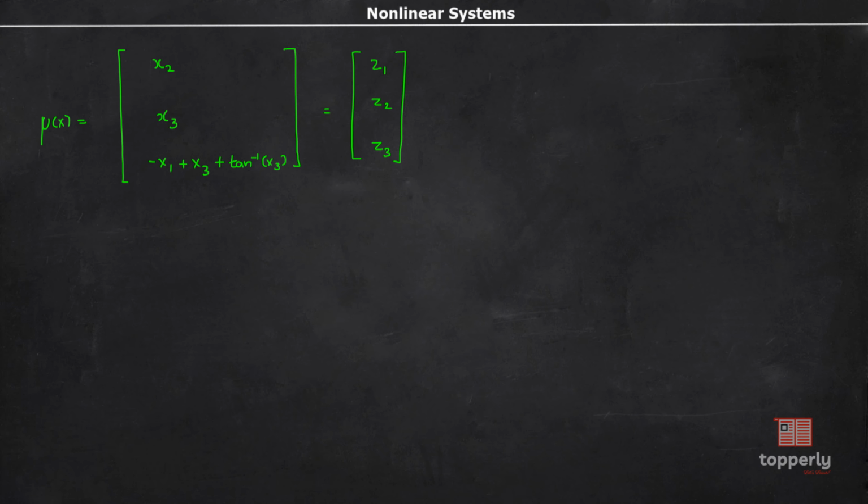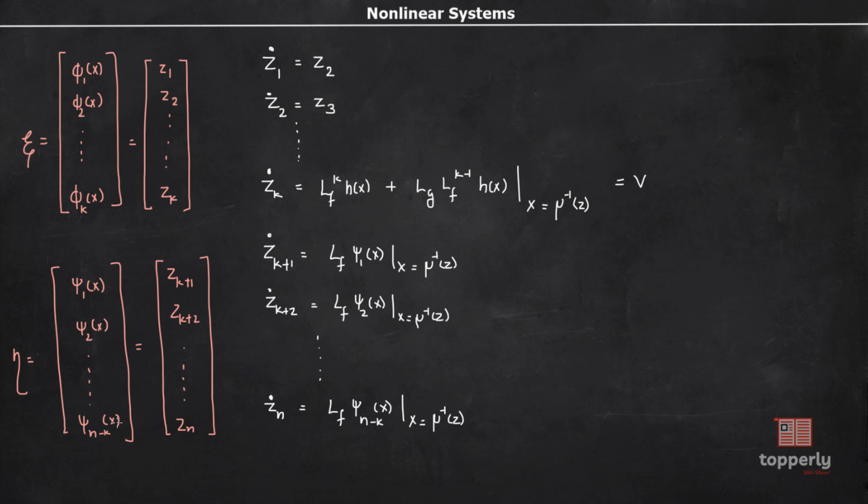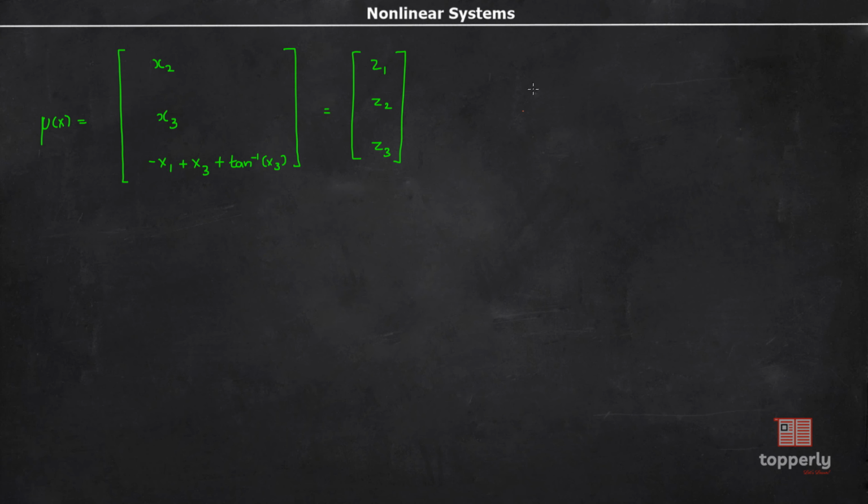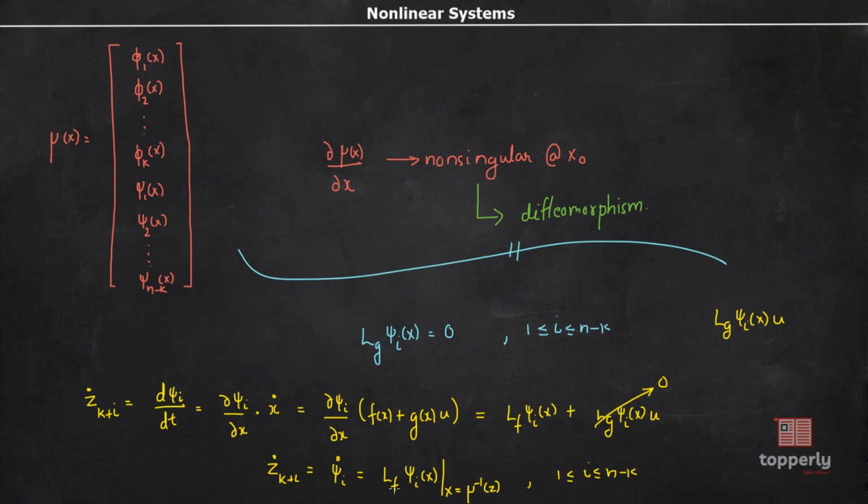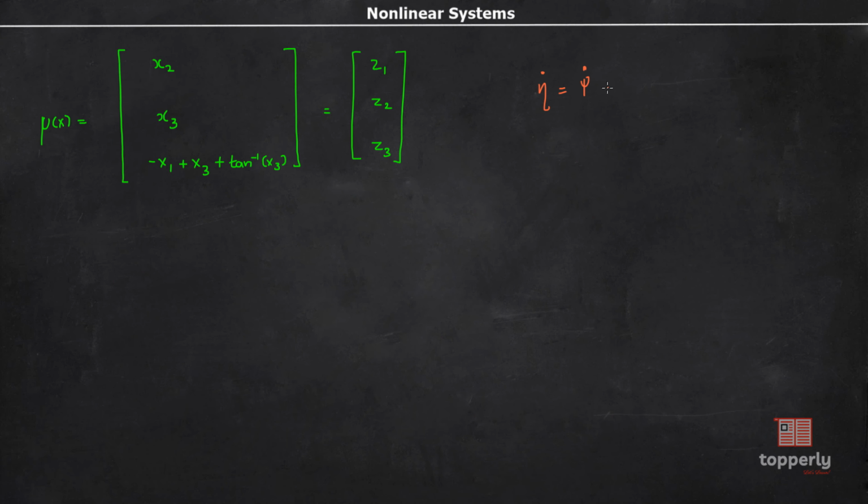Also remember that eta was this matrix of size, and here we have only one psi. Therefore, our eta dot is equal to simply psi dot. And earlier we had seen that psi dot is equal to LF psi of x. Therefore, we have psi dot equal to LF psi of x.